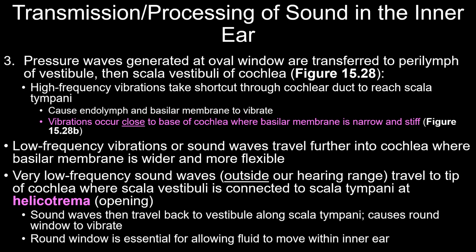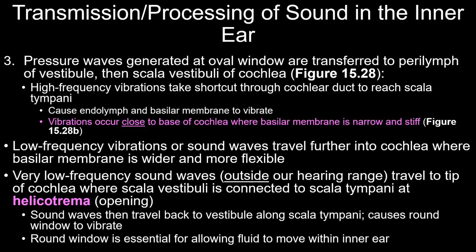And then you also have low frequency vibrations, the rumble of an engine, far off thunder. These travel very far into the distal end of the basilar membrane. And then you have inaudible sounds, below our frequency of hearing, below 20 hertz.